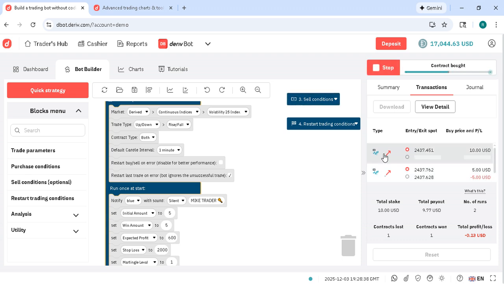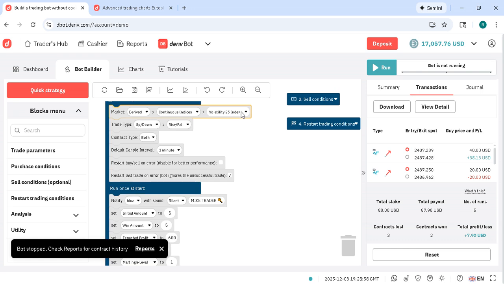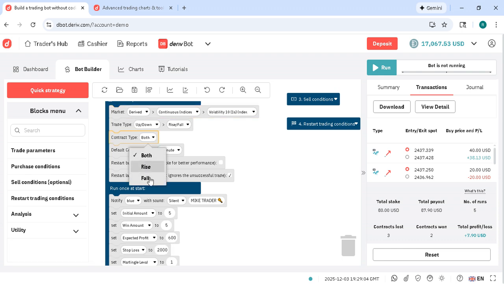Now when you use the volatility with the S, it's a bit faster, but still it can be manipulated. Okay, so let's say it's 10-1S, and I hope when you are trending, of course you choose either fall or rise.